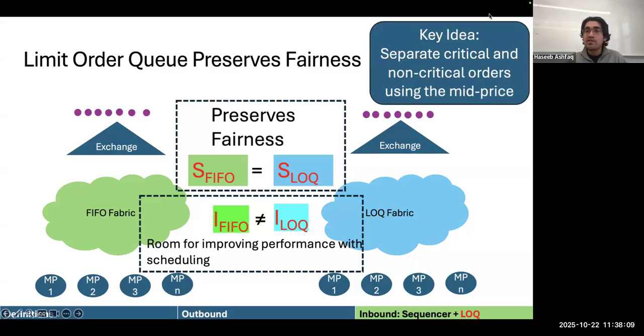So the key idea here is still the same, that we will separate critical and non-critical orders using mid price. We'll see whether this order has higher chances of getting matched, this order has lower chances of getting matched, but we'll only prioritize a critical order over a non-critical one as long as SLOQ will stay the same as SFIFO.